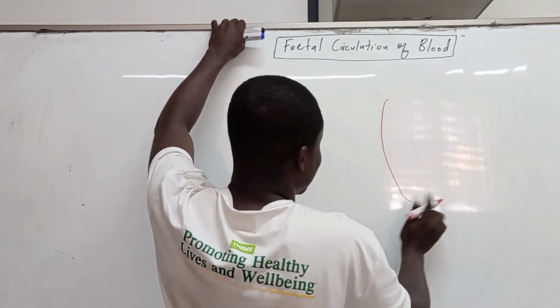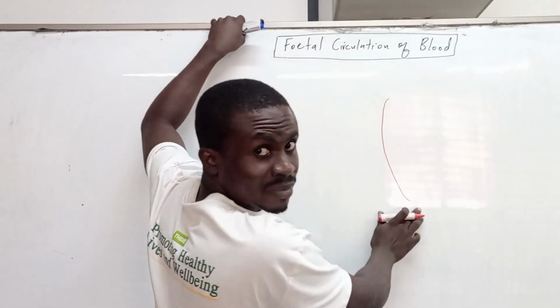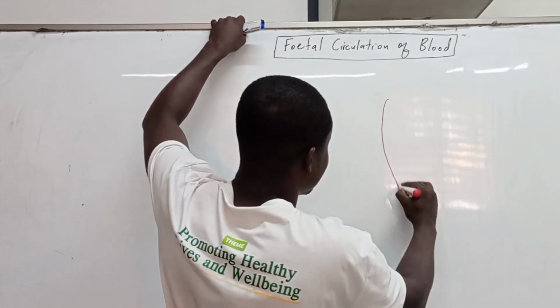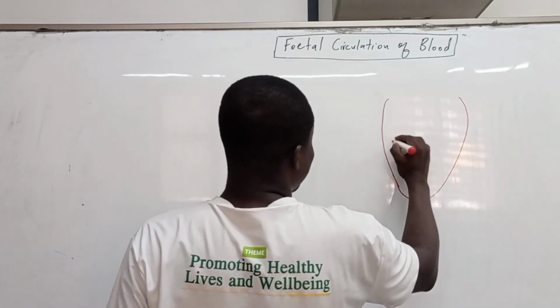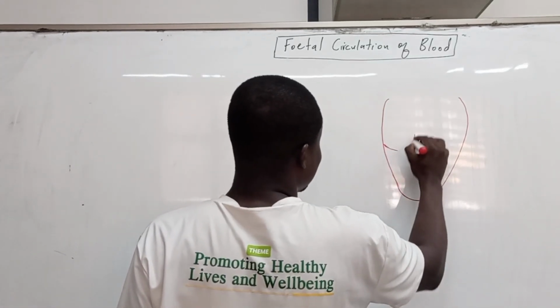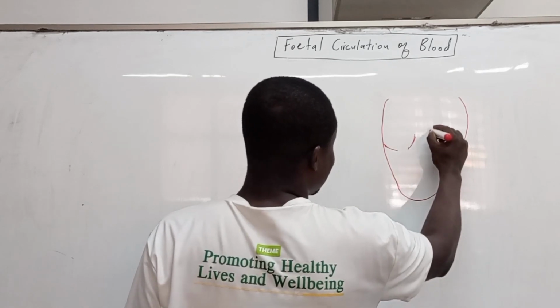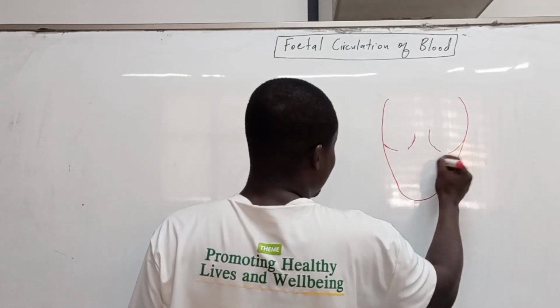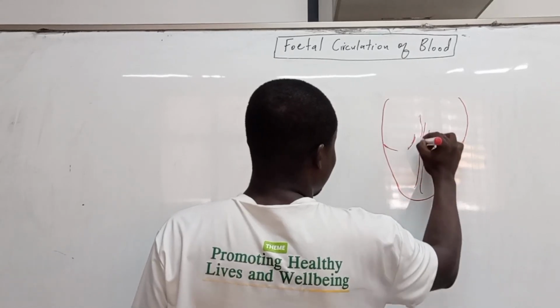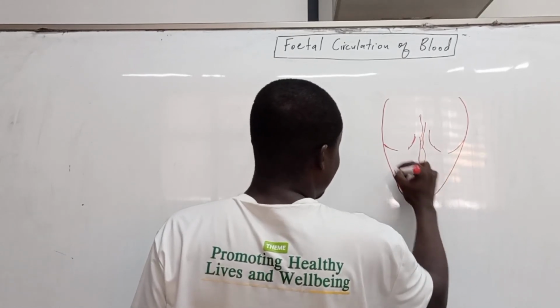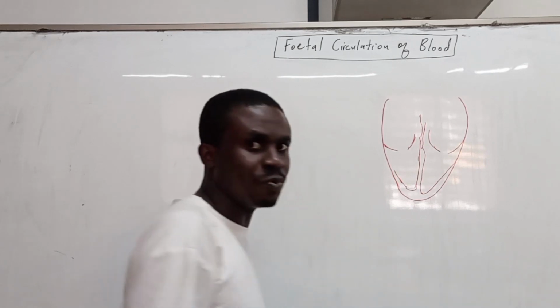Let me just say this is the heart. If you look at the heart, we are going to have some chambers. Let me say these are the upper chambers, and then from there through the valves you go to the lower chambers. Of course, we are going to have the interatrial and interventricular septa.